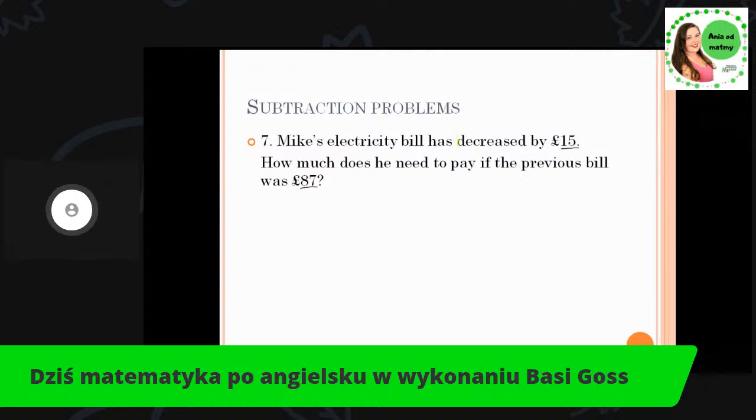This word here, decreased. Decreased means getting smaller. In last lesson for addition, we had the word increase, which means getting bigger. And today in subtraction problems, we've got the word decrease, meaning getting smaller.